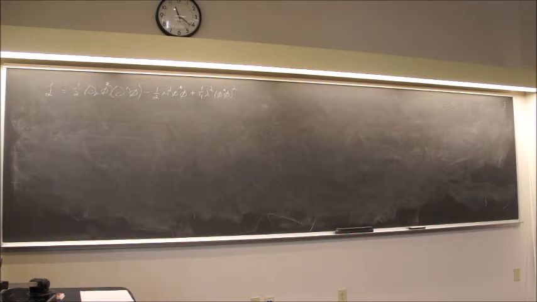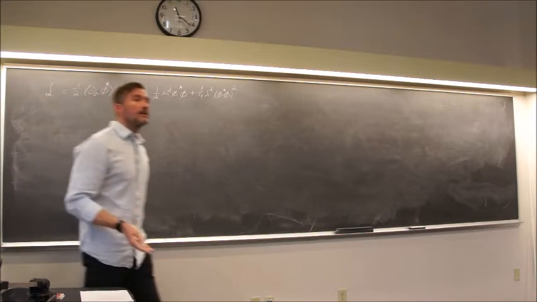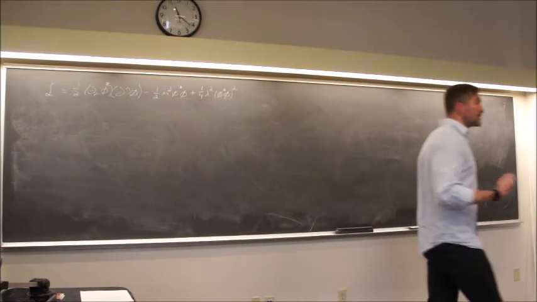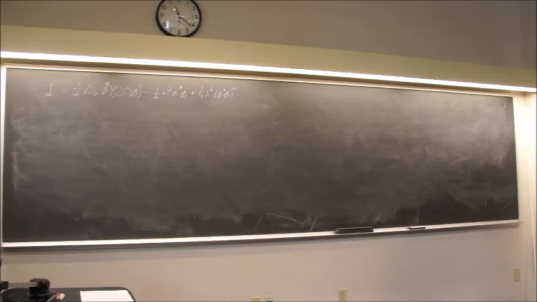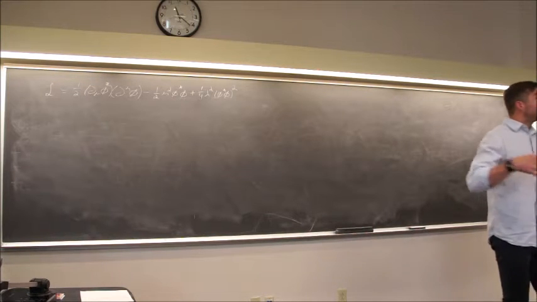The Klein-Gordon Lagrangian describes scalar fields, real or complex. If you have real scalar fields, you just write everything as phi squared. If they're complex, you write it as phi star phi. Otherwise it's the same Lagrangian.